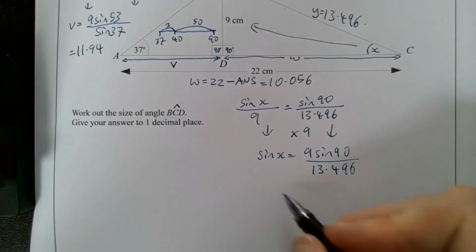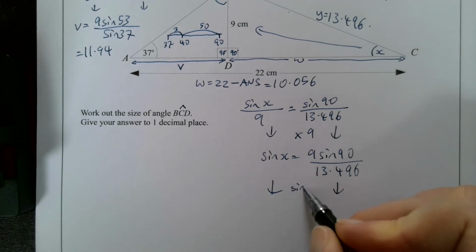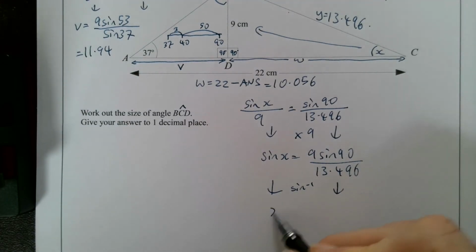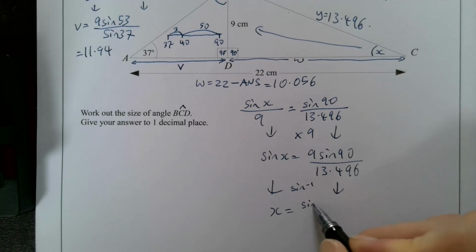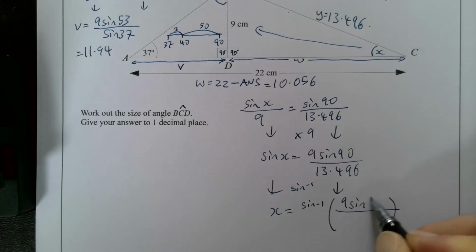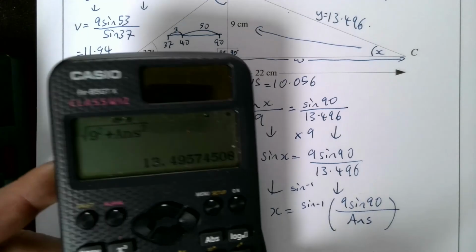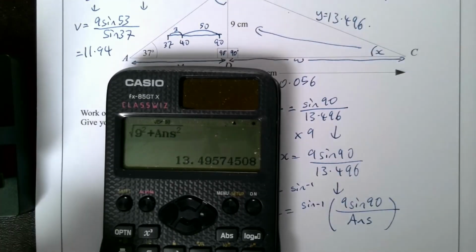And then I'm going to find the inverse of sine, the opposite of sine, by doing sin minus 1. Put that into the calculator. When I do that, I'm going to write answer there, because that is the last thing I put in my calculator.